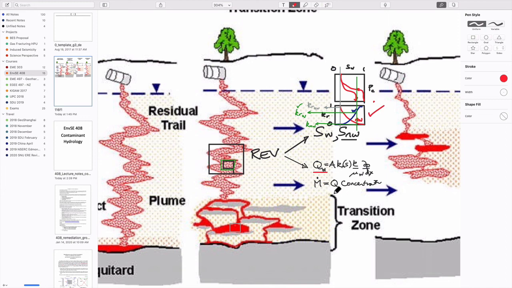And if we have this volumetric flow rate, and we know what the contaminants are that are dissolving, we can make a linkage to be able to evaluate the mass flow rates that come out of the system as well. So that's kind of the logic of the workflow, if you like, in going through this. And so that's the last thing that we'll really do in terms of looking at free phase behavior.